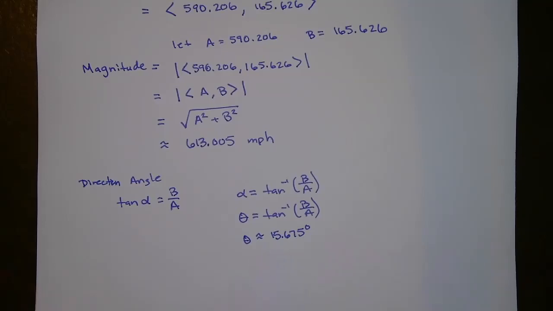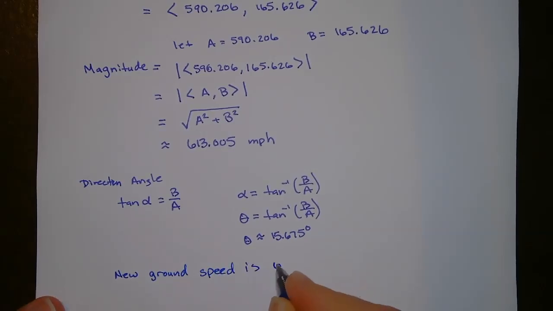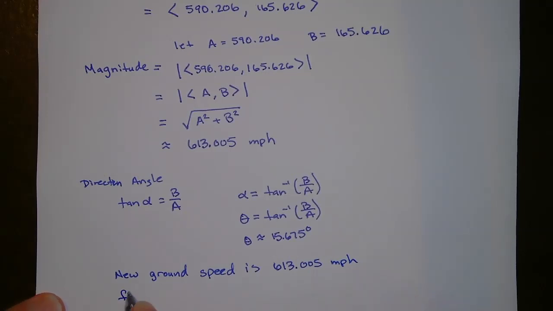Because they asked you, what's the new ground speed and direction? The new ground speed from this tailwind is 613.005 miles per hour, and it's flying 15.675 degrees north of east.